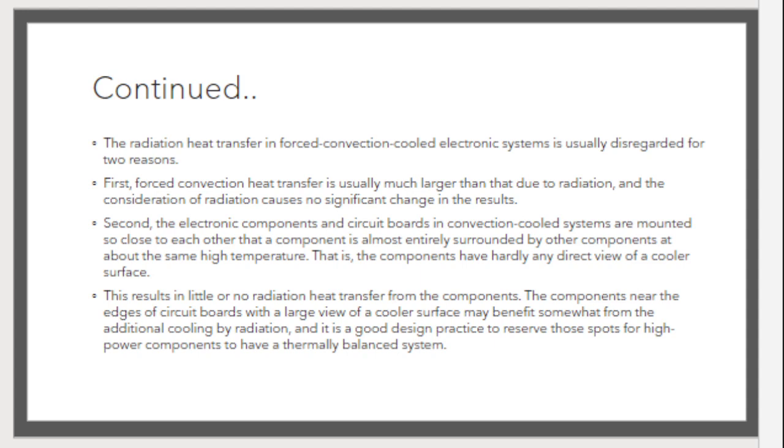Second, the electronic components and circuit boards in convection cooled systems are mounted so close to each other that a component is almost entirely surrounded by other components at about the same high temperature. That is, the components have hardly any direct view of a cooler surface. This results in little or no radiation heat transfer from the components.